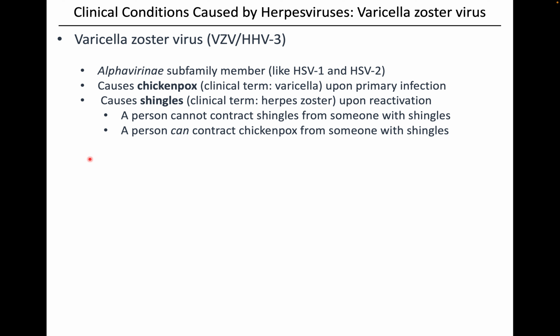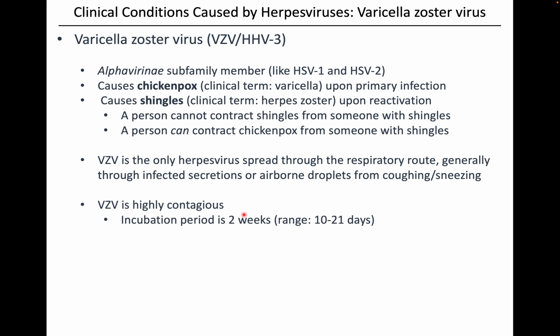So let's say you have never been infected with VZV. You could catch chickenpox from somebody with chickenpox, and if you were exposed to an adult with shingles, you would get chickenpox as a result of that primary infection. Hopefully that makes sense.